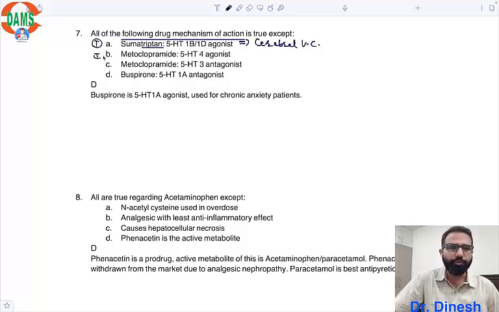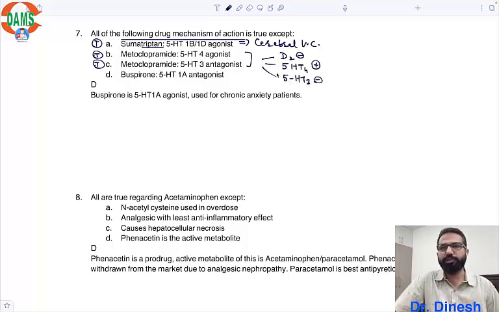That is also true. Metoclopramide is a 5-HT3 antagonist. That is also true. Because metoclopramide has three actions: D2 blockade, 5-HT4 stimulation, and 5-HT3 blockade. All these three actions are there with metoclopramide, which is used as an antiemetic as well as a prokinetic drug.